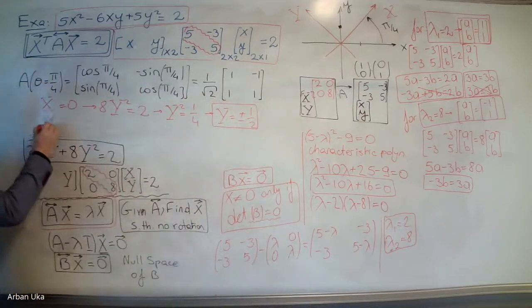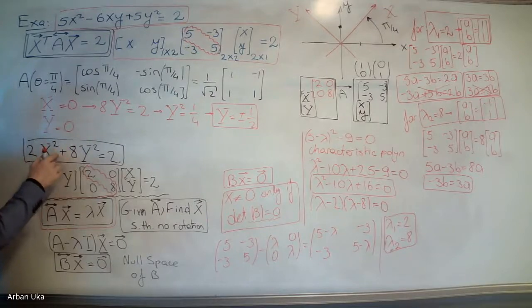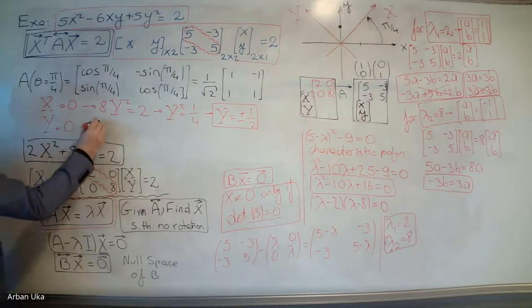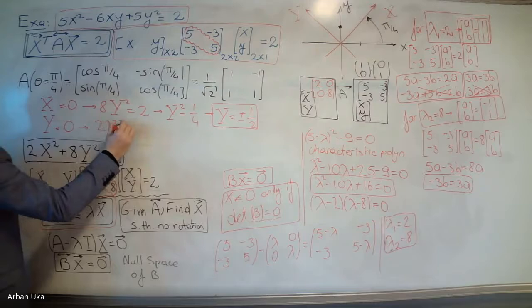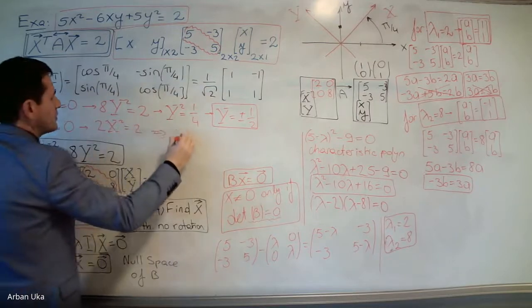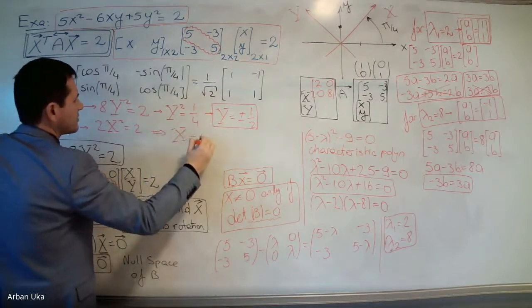Similarly, when y is equal to 0, we get that 2x squared is equal to 2, which means that x is equal to plus minus 1.